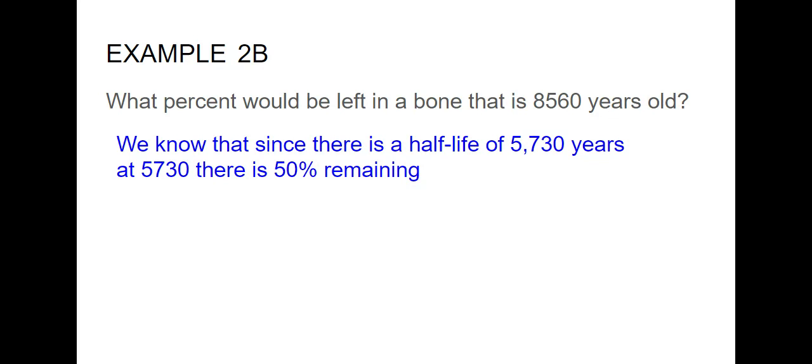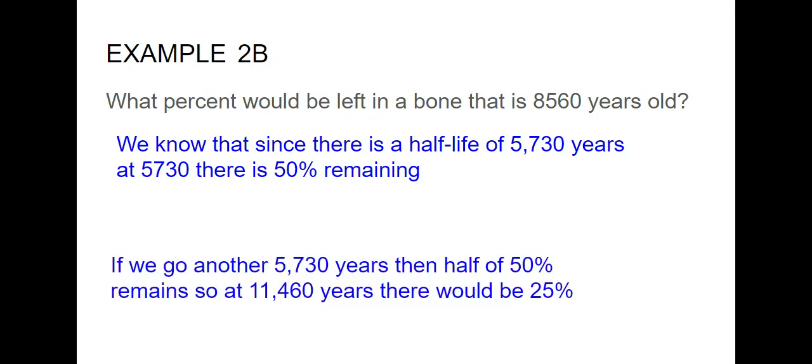Now, if I did another 5,730 years, then there would be 25% remaining. So another 5,730 years is 11,460 years. And that's when we would have 25%.